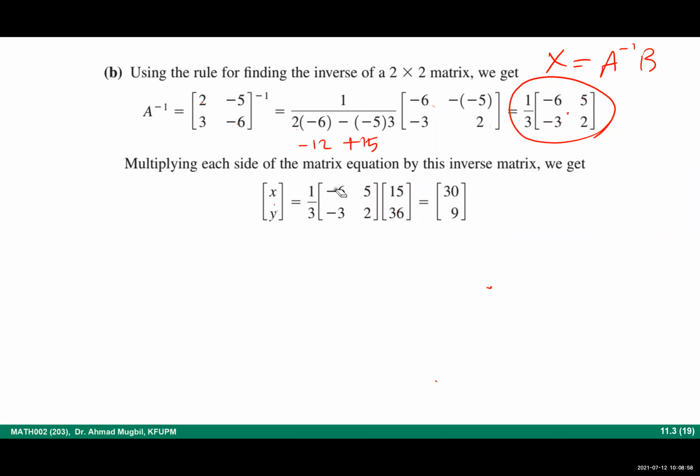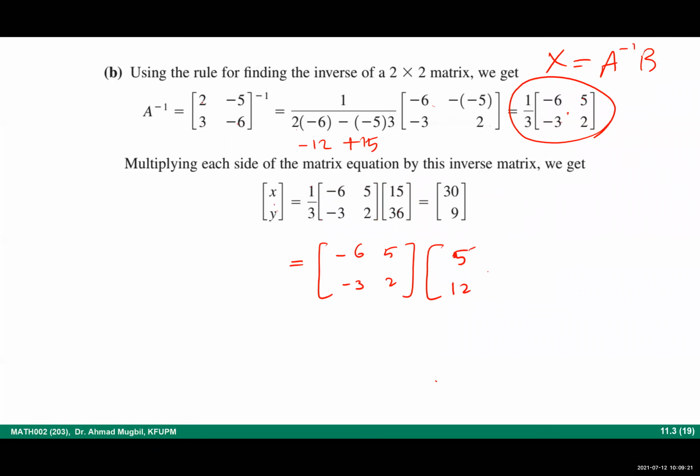Or you can multiply the third by this matrix, then multiply the resulting matrix by this matrix. But there is a third option which is the best. What is it? It is to multiply this by the last matrix, because you know that this will make the calculation much easier.